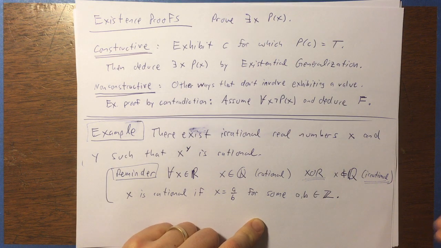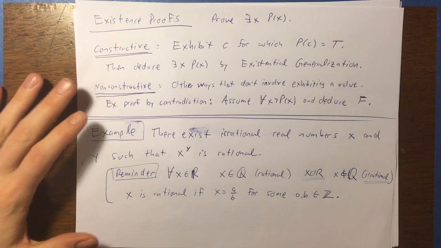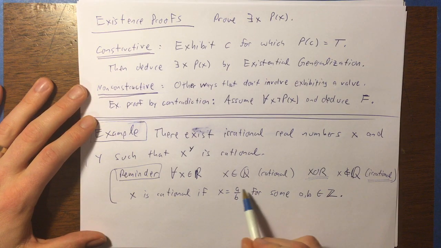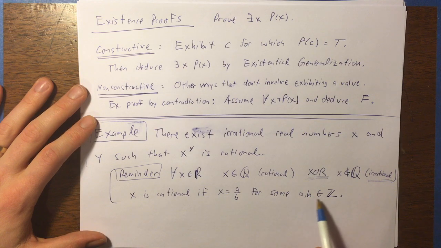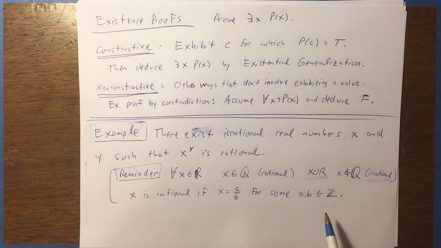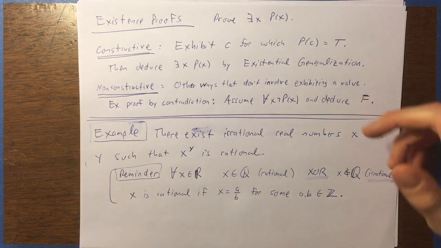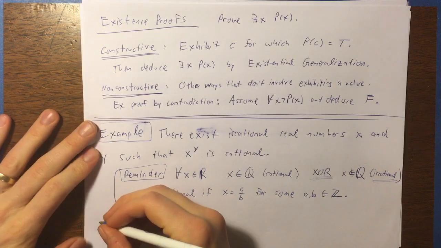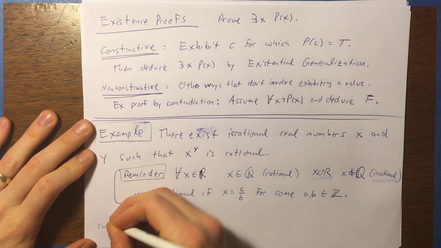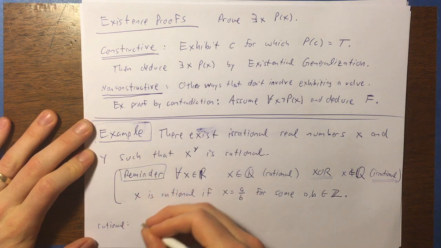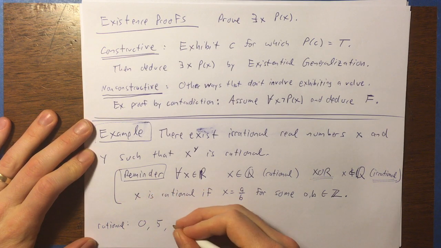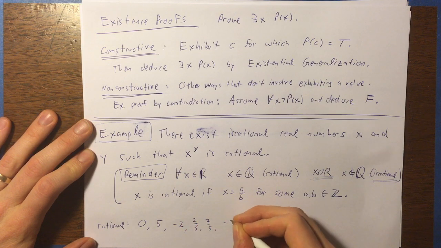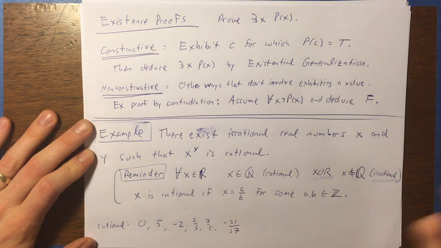It can't be both. The definition is that x is rational if it can be written as a fraction a over b for some integers a and b. So the fractions are the rational numbers and the irrational numbers are everything else. Rational numbers include things like 0, 5 and -2, as well as 2/3, 7/5 and -21/37, and so on.